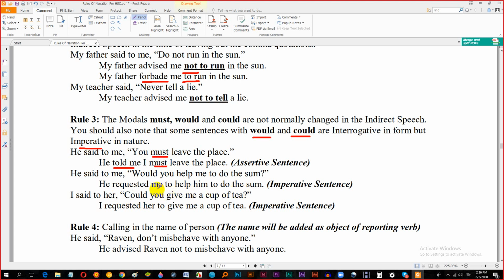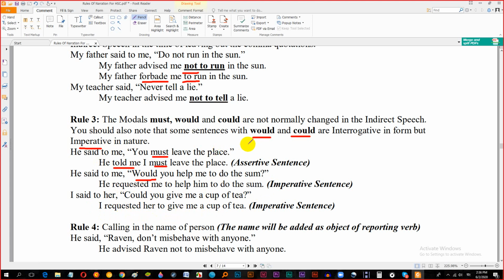That was okay. Then he said to me, "Would you help me to do the sum?" Now here we find a request in imperative form. So here we write, he requested me to help him to do the sum. Then I said to her, "Could you give me a cup of tea?" So I requested her to give me a cup of tea.